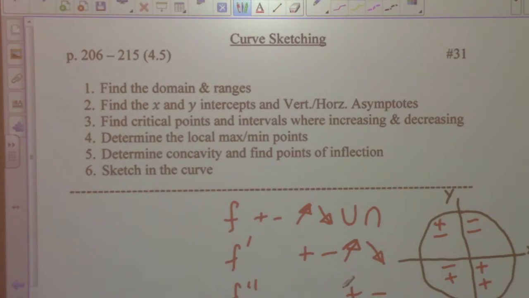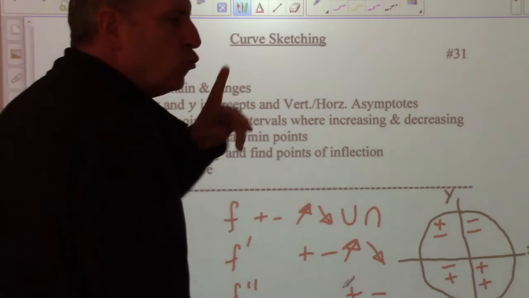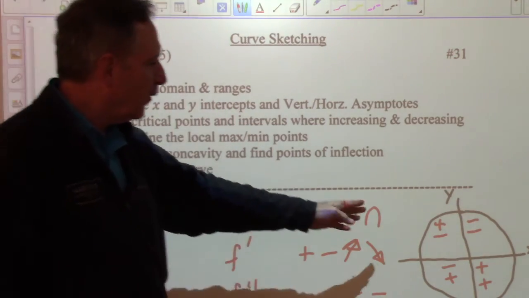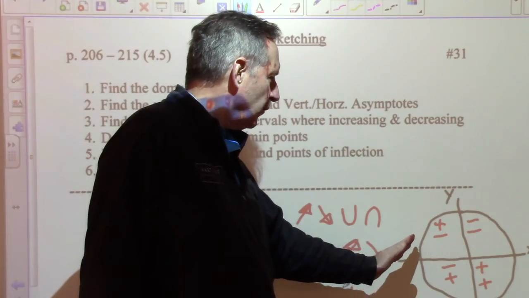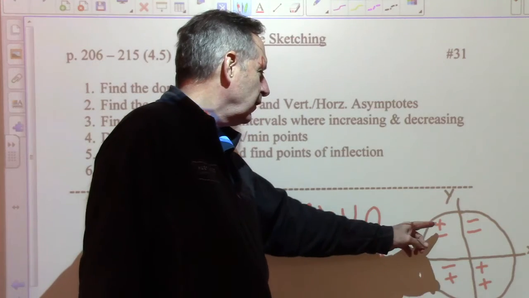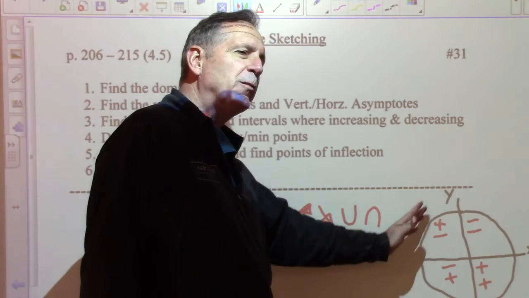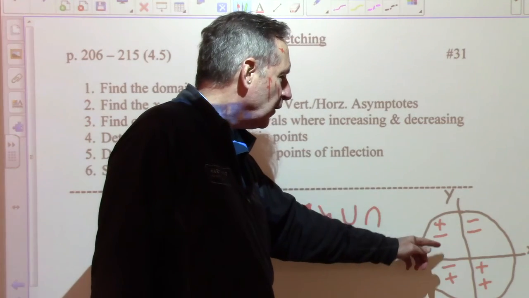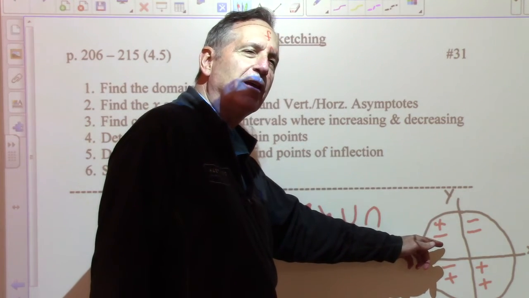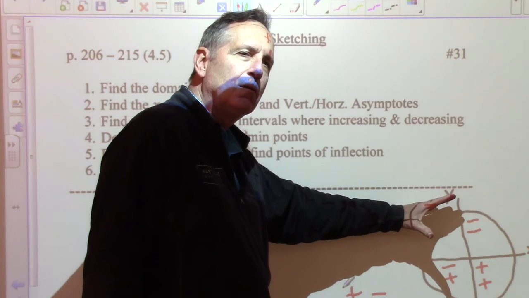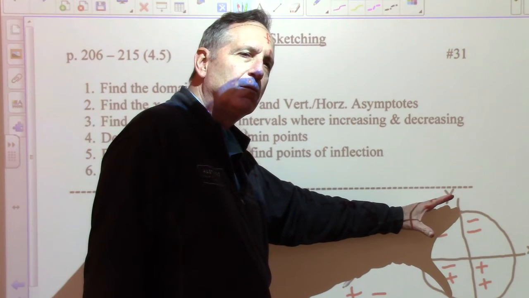Okay, let me show you what these are. Okay, the curve that is shaped like this has the first derivative that's positive, which means increasing, and the second derivative, which is negative, which is concave down.